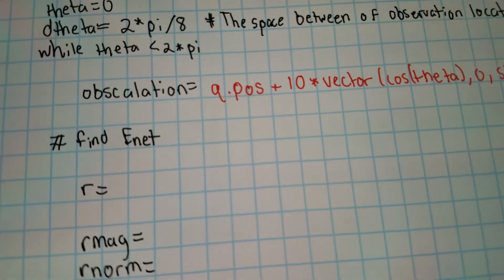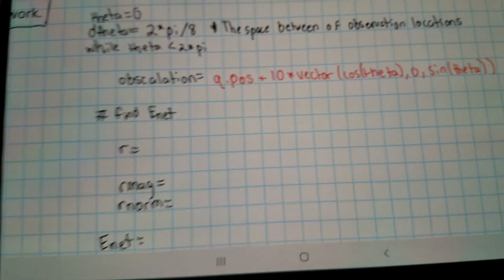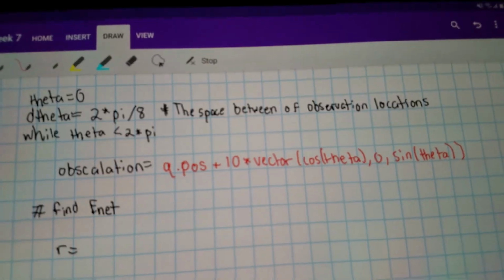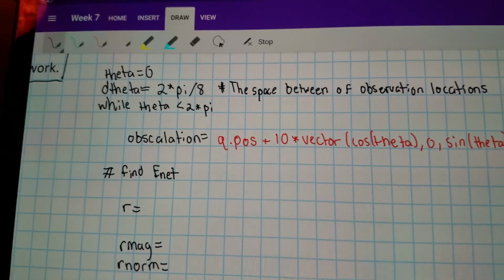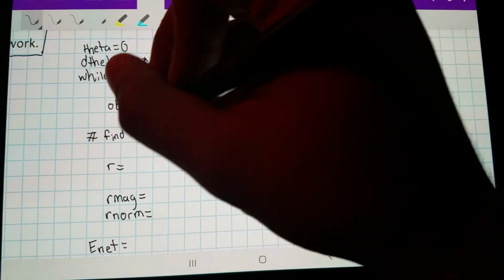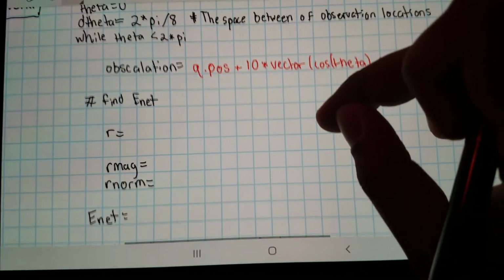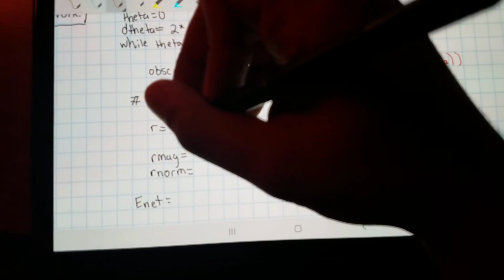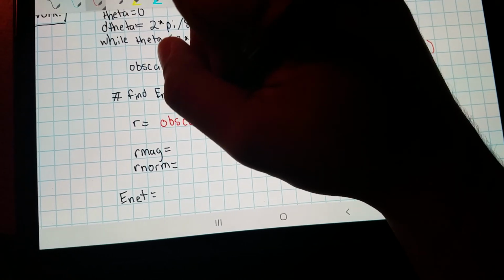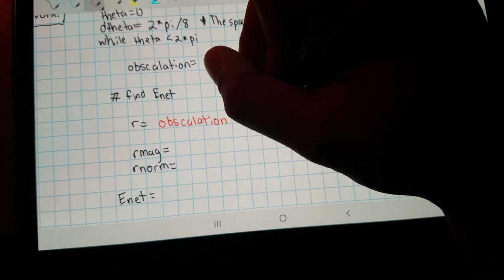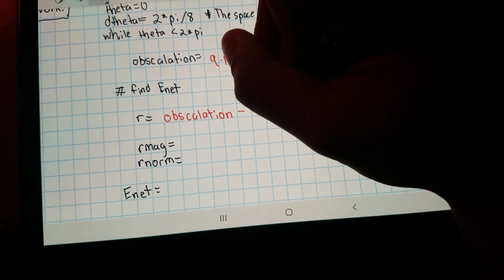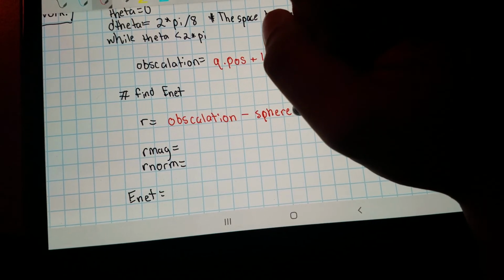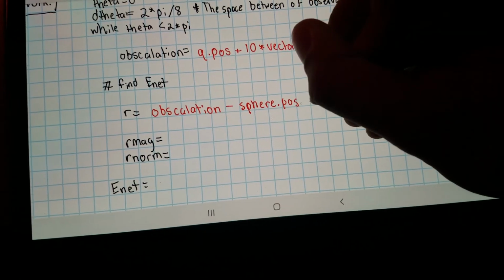We want to find E net. To find E net, we must first find our R, which is always going to be our position of observation minus our source. So for our actual position, we know our observation location is just obsculation, which we found before, minus the sphere dot position, because that's where your charge is coming from.